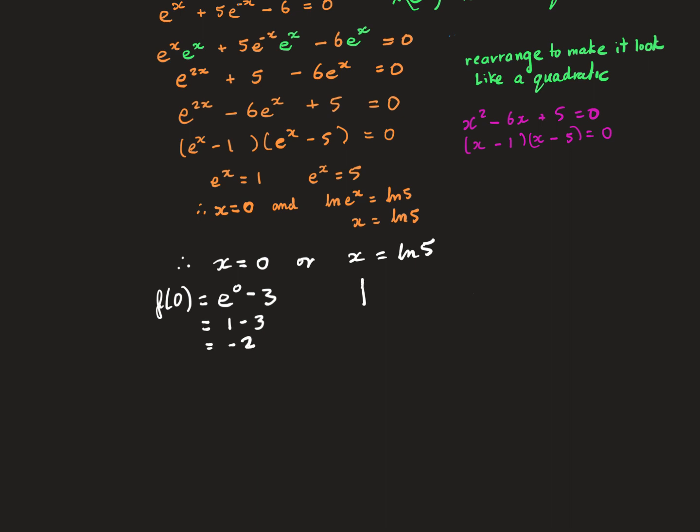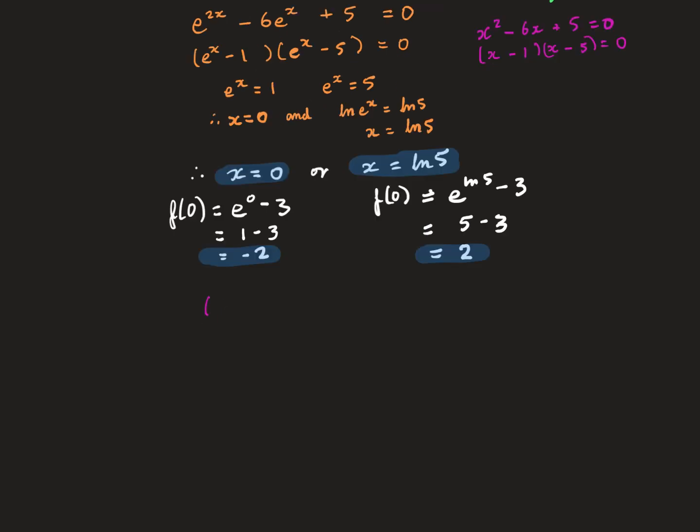Substitute ln 5 into that equation, and we have e^(ln 5) minus 3, and e and ln disappear, so 5 take away 3, and we'll get 2. Our points of intersection are going to be (0, minus 2) and (ln 5, 2).